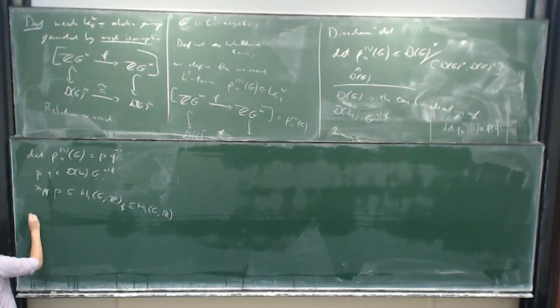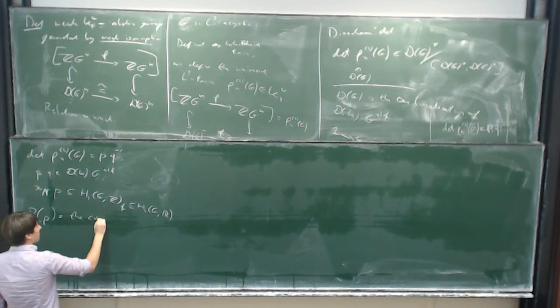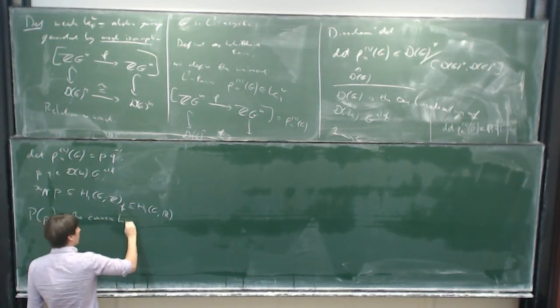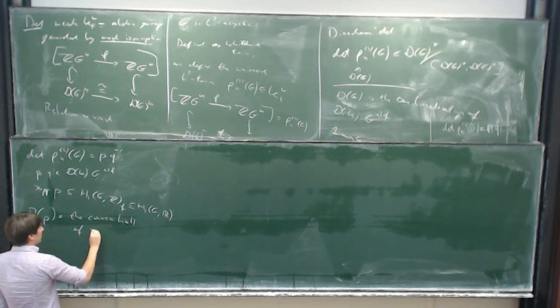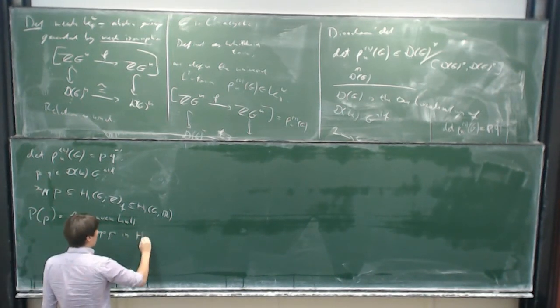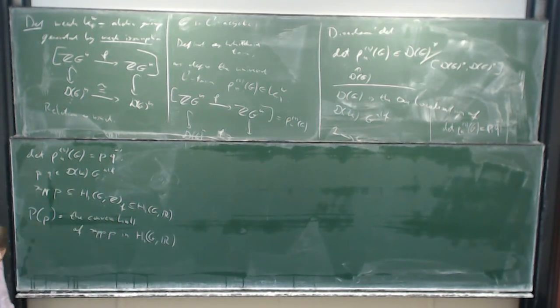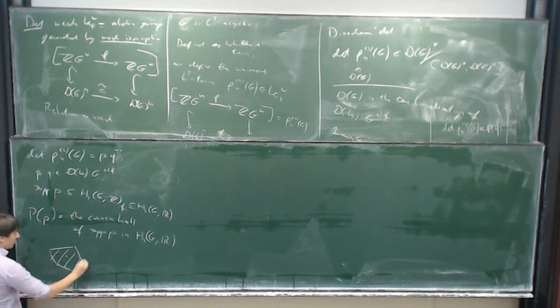Well, we define capital P of little p to be the convex hull of the support of p inside the vector space. Why not, right? I mean, you have a bunch of points, and you just define the convex hull. That's P of p.